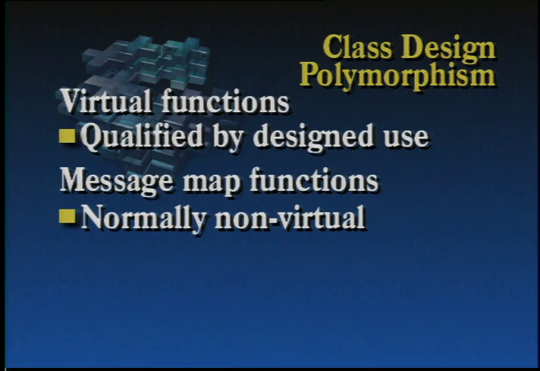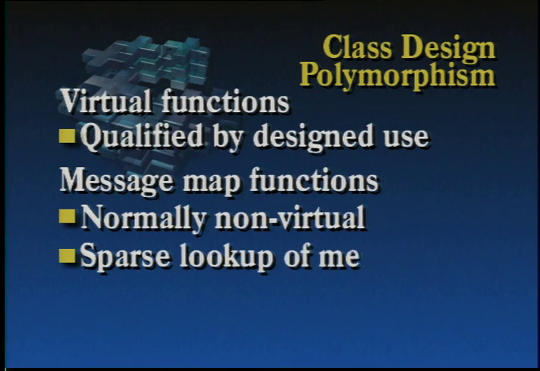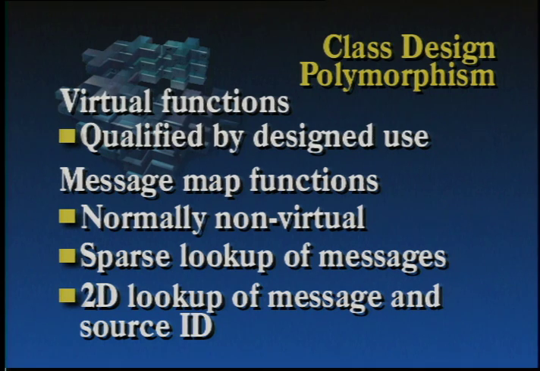This is a replacement of all those old switch statements you used to have to write in C. In addition to handling standard Windows messages, we can also handle control notifications and commands and command update UI messages. We do this through a two-dimensional mapping, which takes both a message or control notification and the source ID, where it came from, and once again, translates that into the type-safe C++ member function.